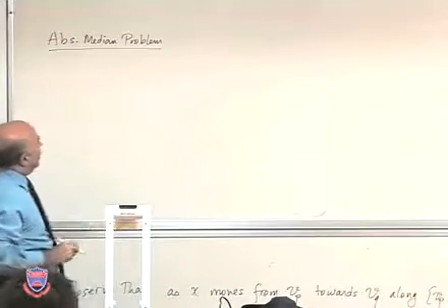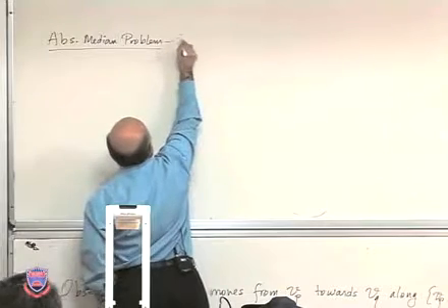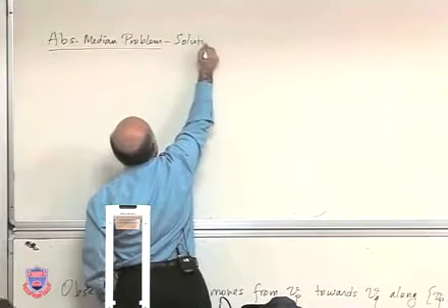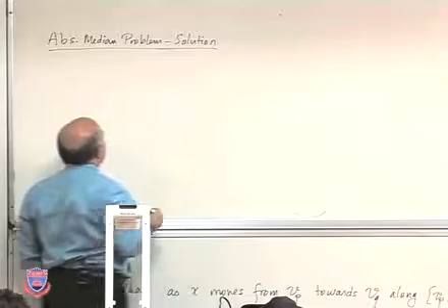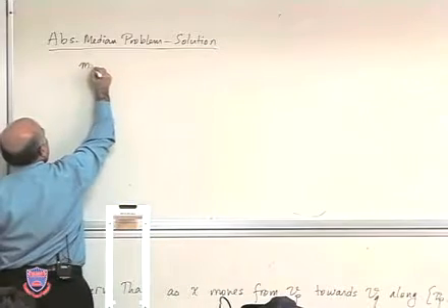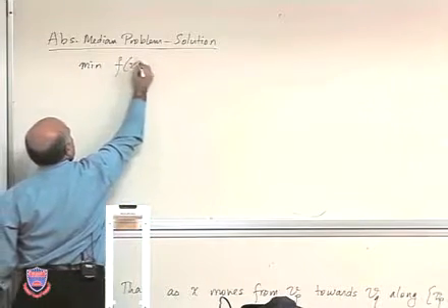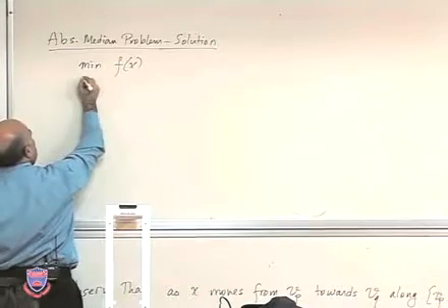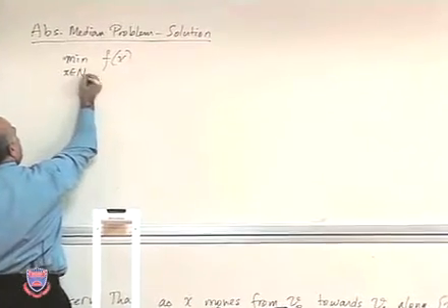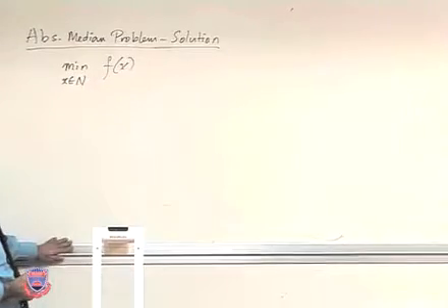So we're minimizing the function f of x defined before, where x is any point in the network.